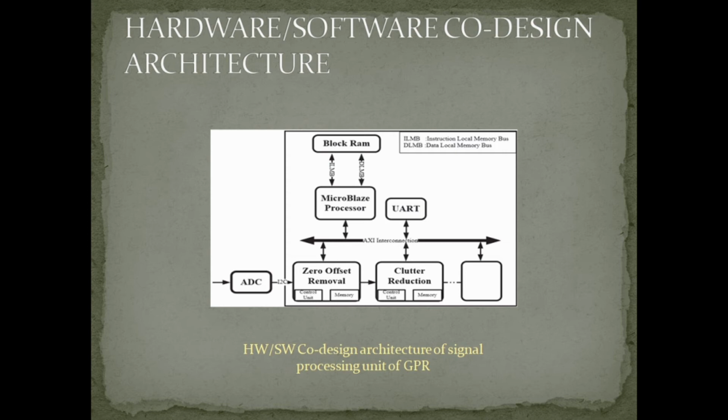The input, which is generally digitized by an ADC, is directly interfaced with the architecture by means of I2C. The data in many A-scan format is stored in the memory block, which is given as block RAM, that is BRAM, in the hardware structure. The hardware structure of the zero offset removal has a control unit.